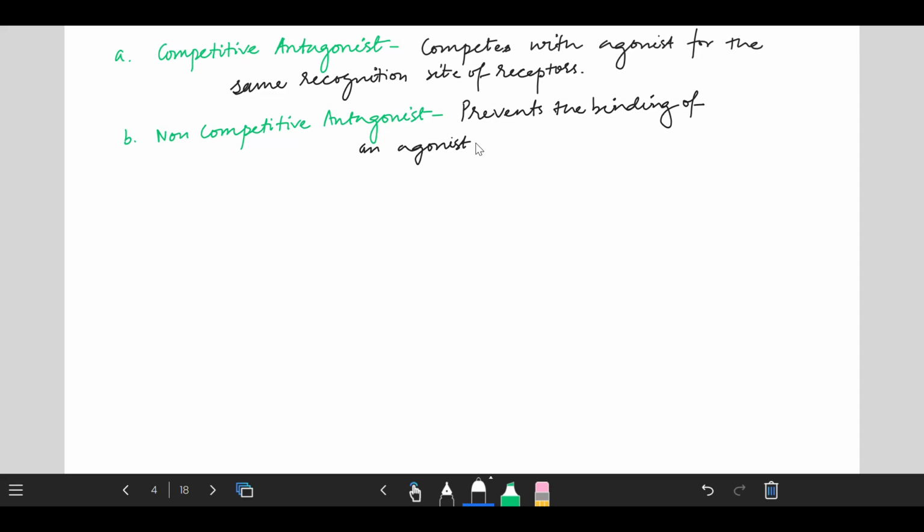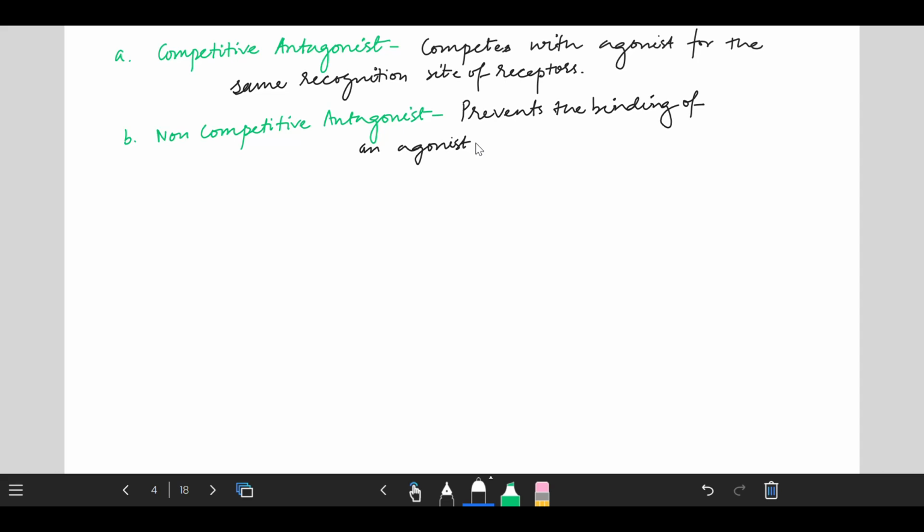Okay. Now, we need to clear the concept about non-competitive antagonists, how they prevent the binding. Actually, these non-competitive antagonists bind irreversibly to the recognition site of the receptor.